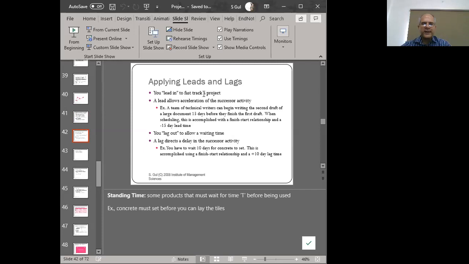If you're doing that, you are leading into an activity. So there must be some amount of time that can be used as the lead time. You can't completely do that activity in a start to start manner. So that amount of time, if you can determine it, is your lead time.